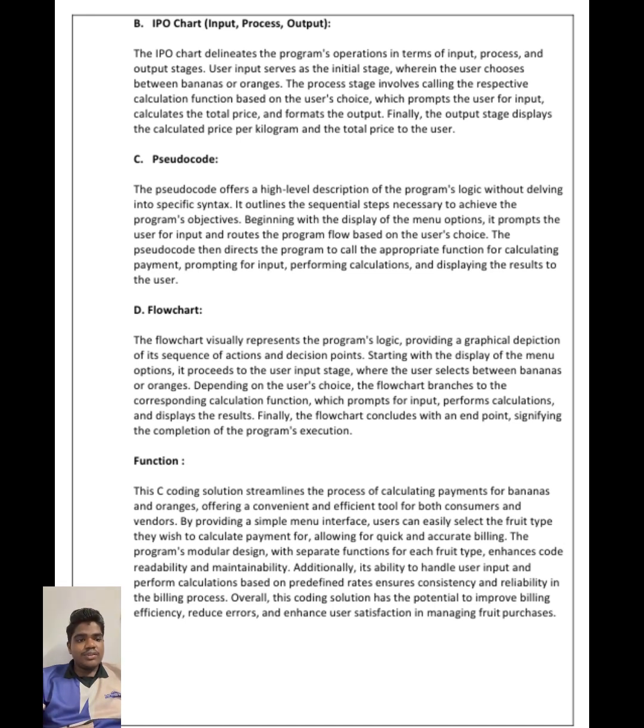Depending on the user's choice, the flowchart branches to the corresponding calculation function, which prompts for input, performs the calculation and displays the result. Finally, the flowchart concludes with the end point, signifying the completion of the program execution.